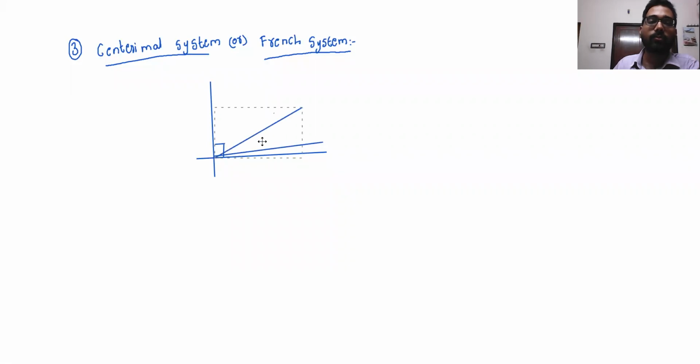Something like this. So one right angle, they divide into 100 equal parts.